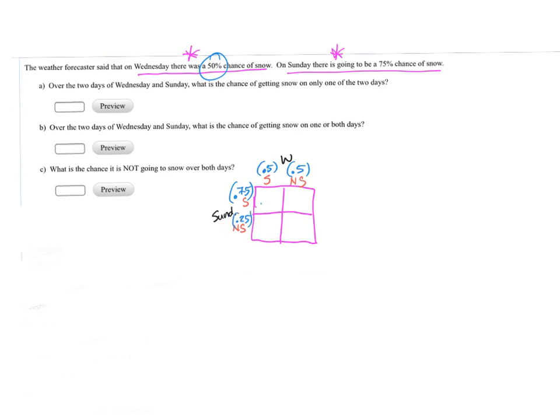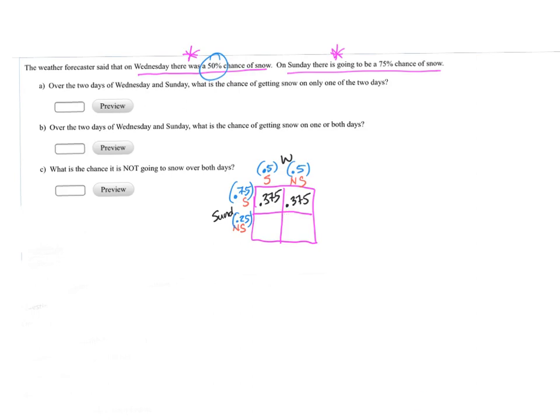Then from there, we have to fill in the area model boxes. For each box, you're going to multiply the two events together. Where it snows Sunday and snows on Wednesday, those get put into this box as 0.375. If you multiply 0.5 times 0.75, you get the other box the same way, 0.375. What that means is we have a 37.5% chance of snow on both days, or no snow on Wednesday and then snow on Sunday.